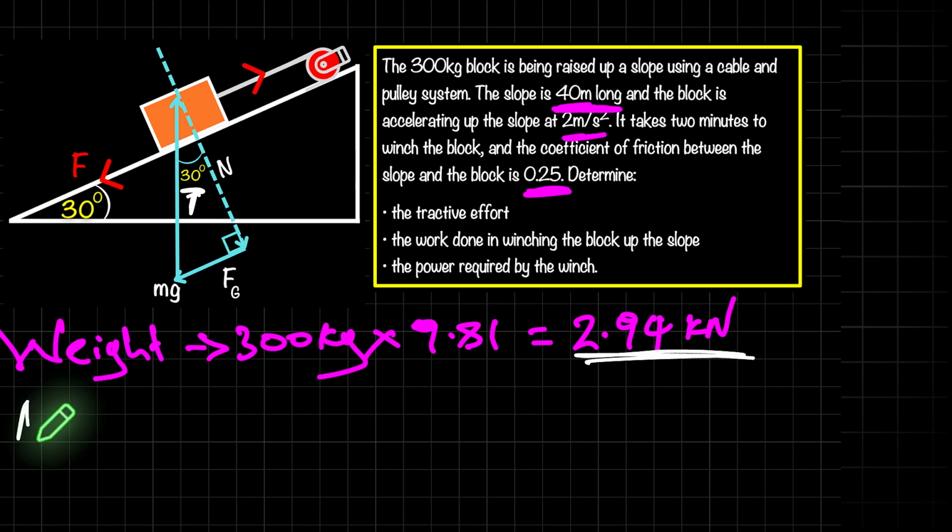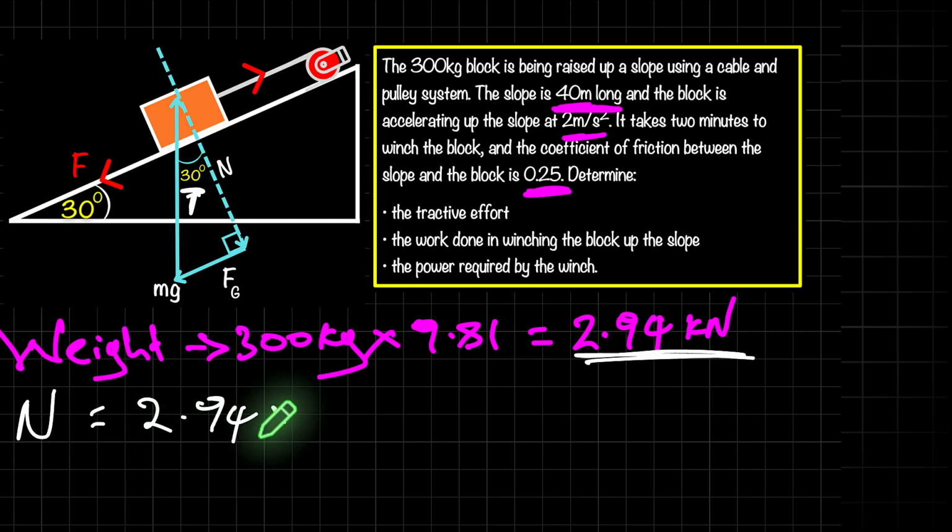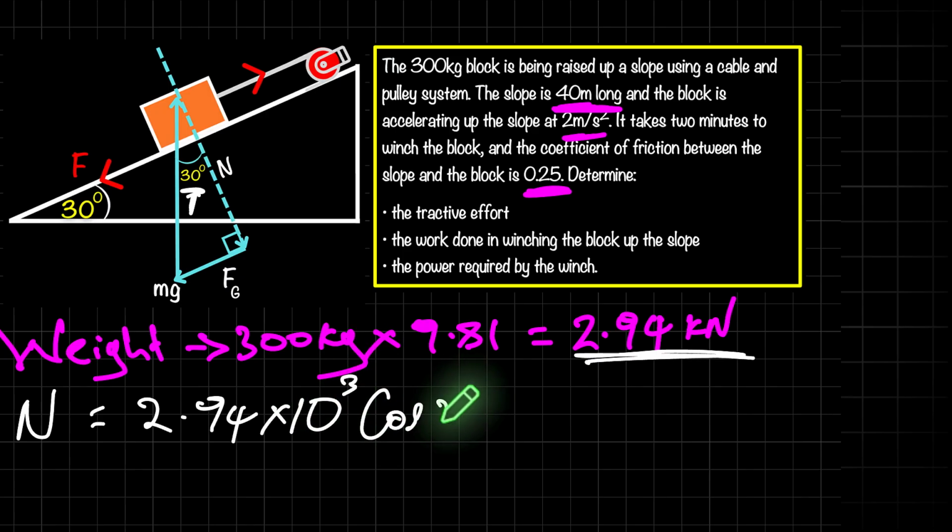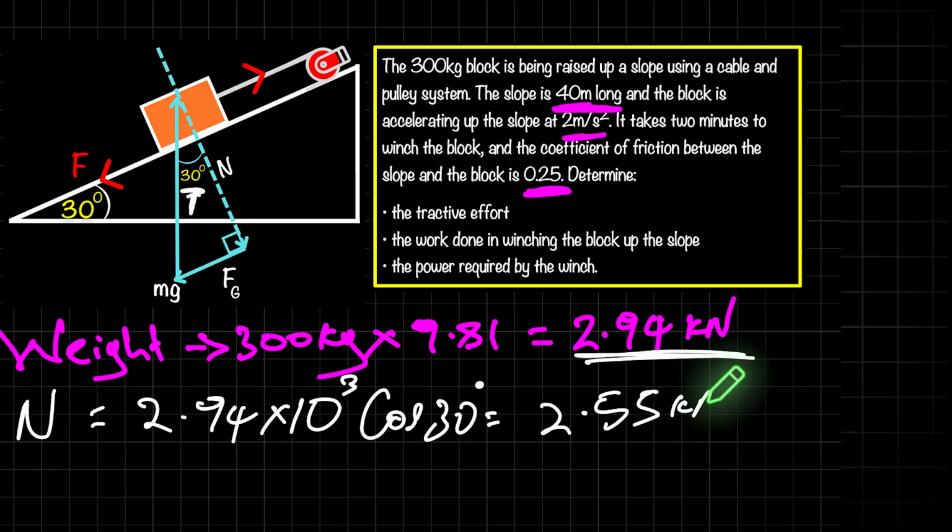So the first one is that N. If we think about our SOHCAHTOA, our trigonometry, we have the hypotenuse, and we're trying to find the adjacent. So that will simply be the force, 2.94 times 10 to the power of 3, times cos 30 degrees, and that will give us the component for that normal reaction, and that is 2.55 kilonewtons, or 2.5 times 10 to the power of 3.